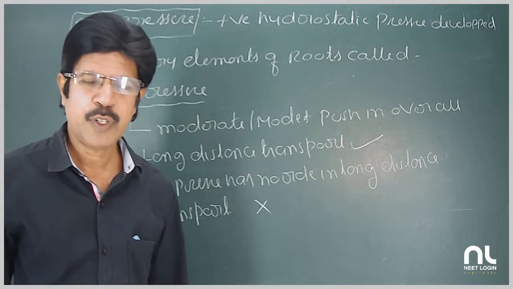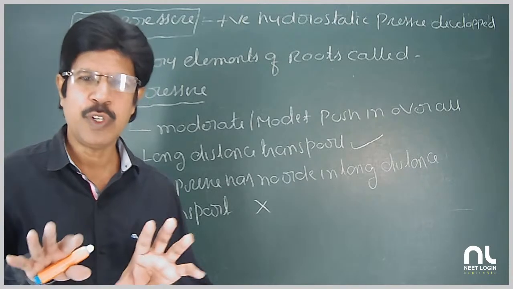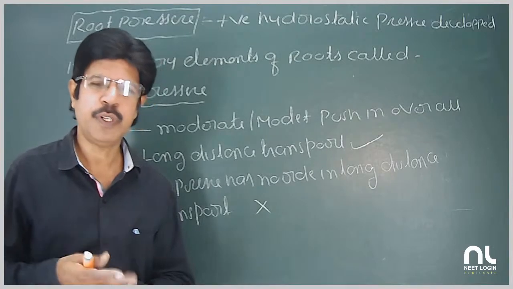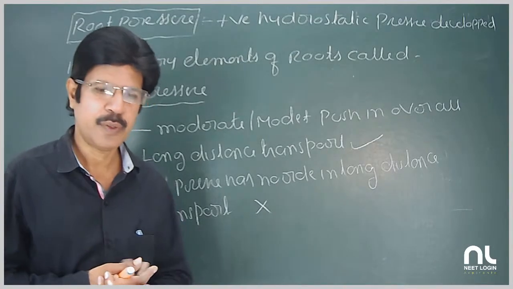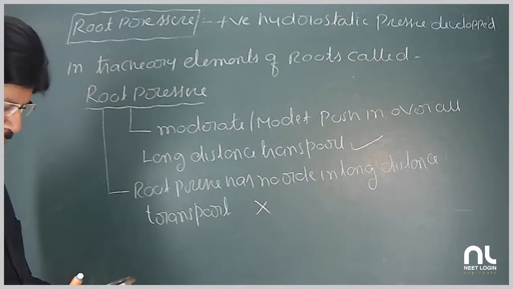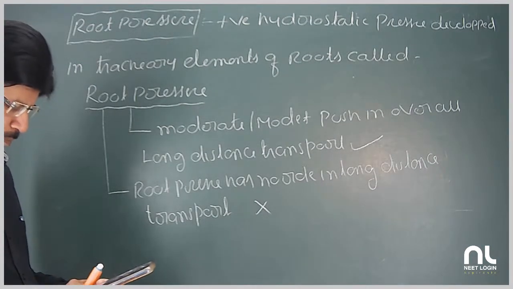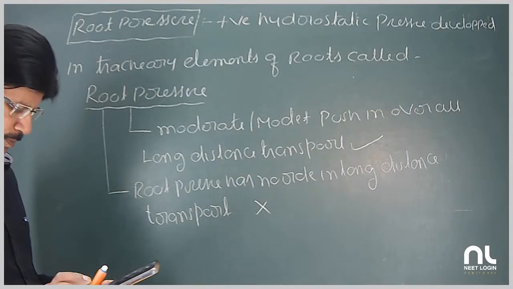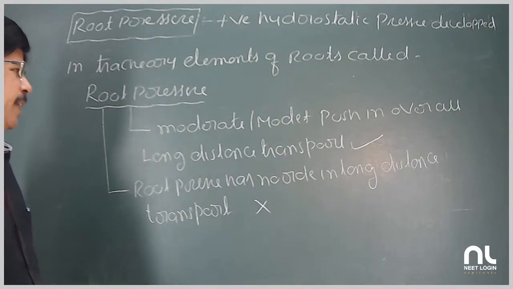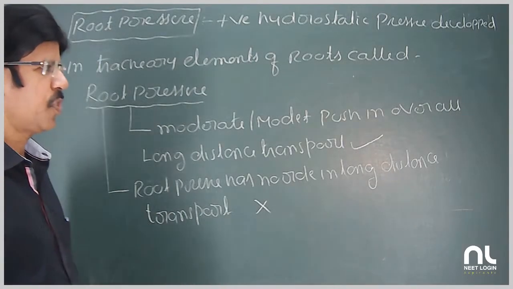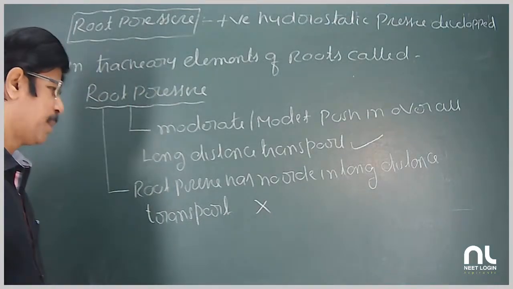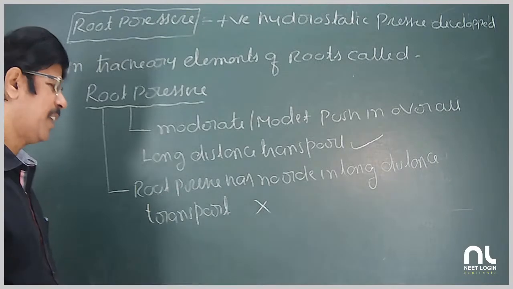But the plant does not meet its requirement by root pressure alone, but by some other means. Whether it is pulled or pushed, we will see later. So it provides a moderate or modest push in overall long distance transport. That is right. Root pressure has no role in long distance transport is wrong.